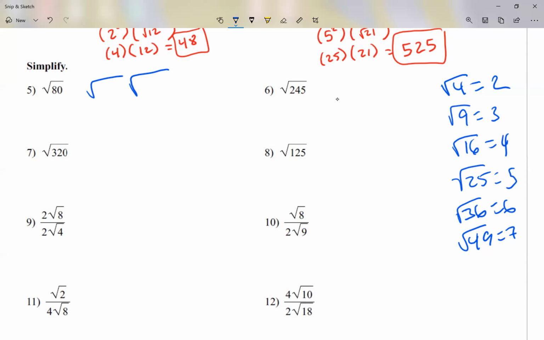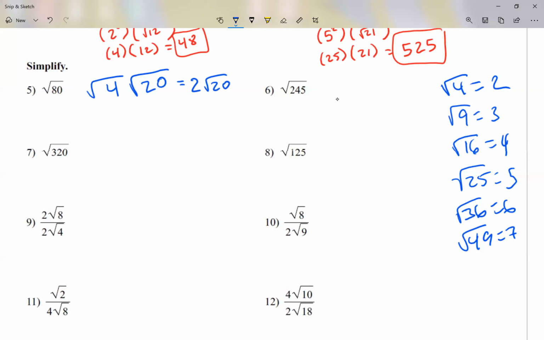For starters, I could go 4 times 20. I'm going to think of 2 numbers that multiplied equal 80, but one of my numbers has to be from the list of perfect squares, because this is going to simplify to 2 radical 20.